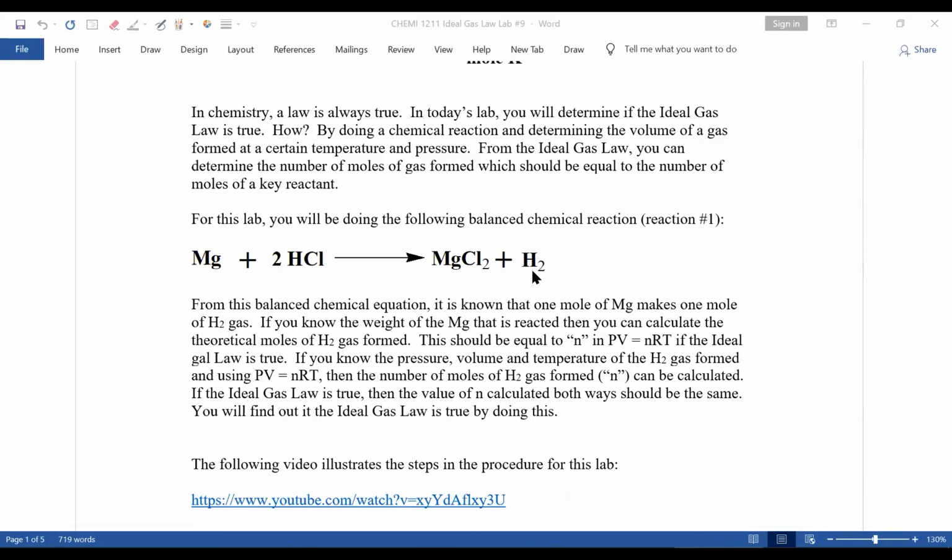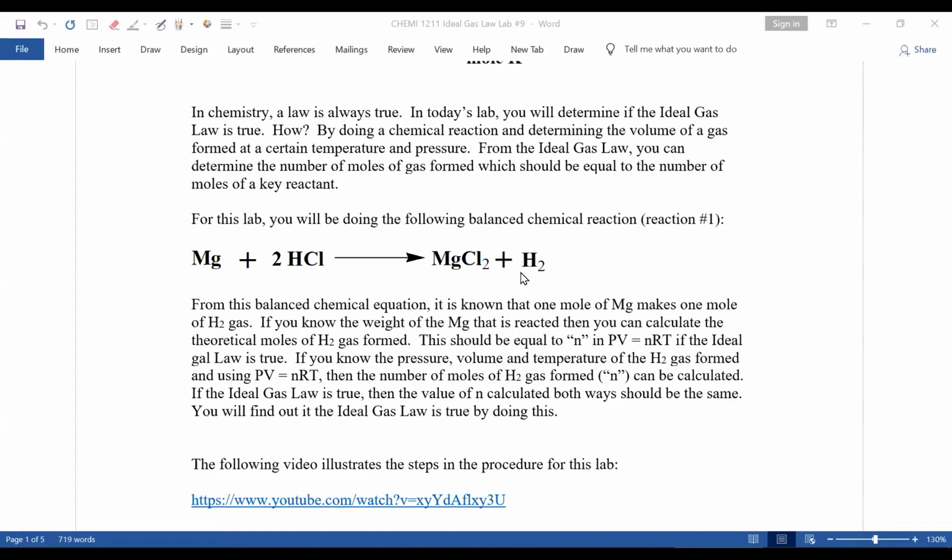As I taught you, and hopefully you'll remember for today's test, this tells us that for every 1 mole of magnesium, you make 1 mole of hydrogen. So if you know the weight of the magnesium, you can calculate the moles of magnesium, because 1 mole of an element equals its atomic weight.